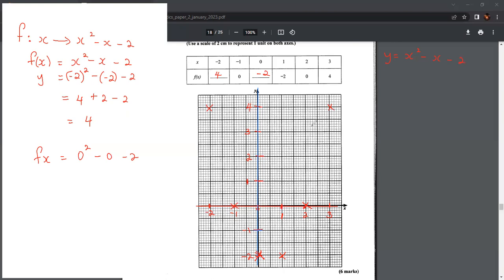So you locate each point and then you connect your dots. I am unable to get it perfectly with this, but you guys form your curve.